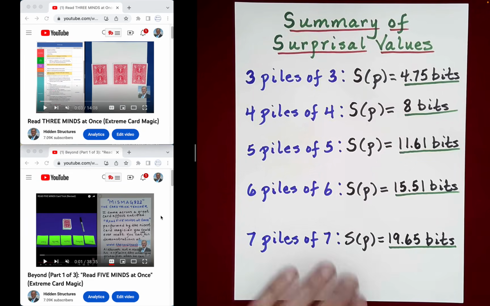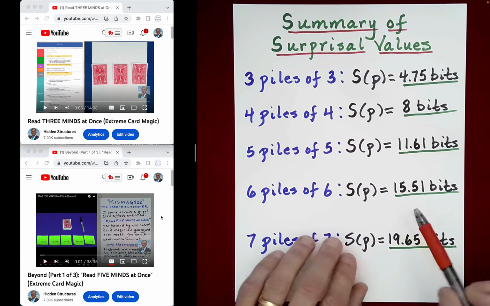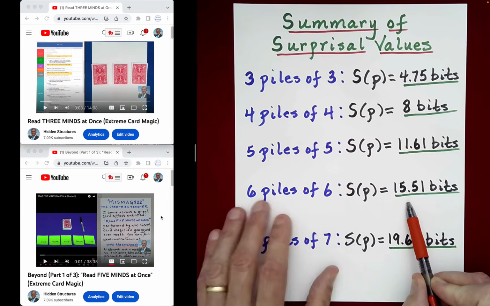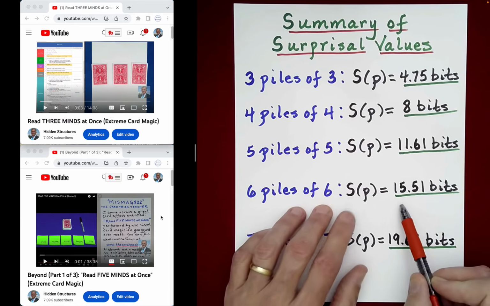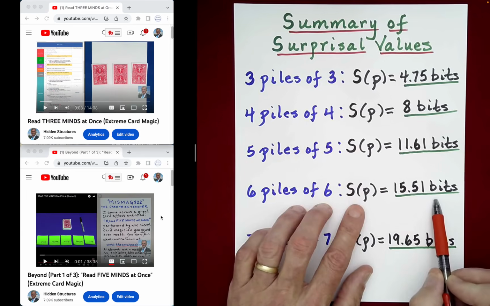That would be fine. An equivalent way to look at any of these, actually, is why don't we focus on 6 piles of 6, and we'll even round down the Surprisal value. We'll say it's just 15 bits.